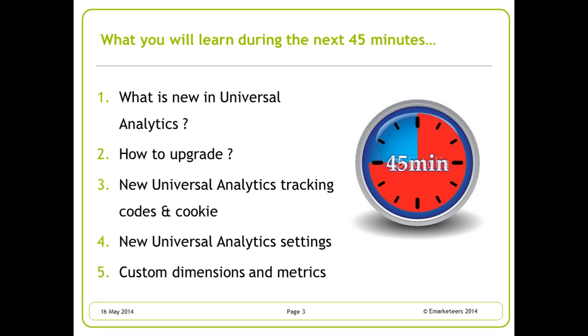How do you upgrade from the old version to the new version of Google Analytics? What's new in terms of tracking codes and cookies? We're going to be looking at some new settings in the Google Analytics user interface that come with Universal Analytics, and we're going to be looking at custom dimensions and metrics to close on.